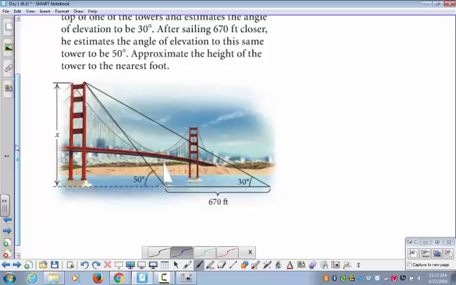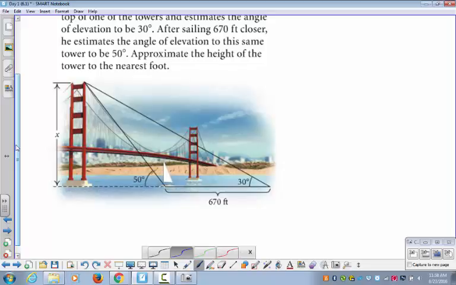Angle of depression is from the horizontal down. So each is nothing more than the angle between the horizontal and whatever we're looking at. So here, there's a measure of 30 degrees between the horizontal and the top of the bridge.